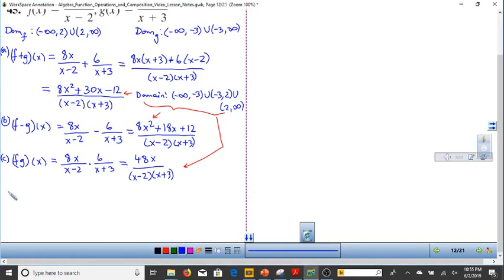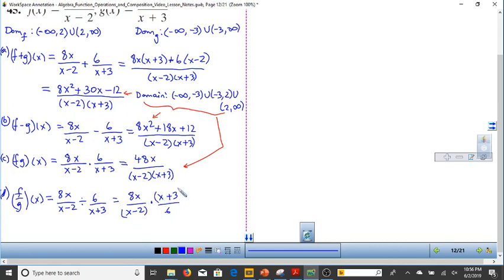Now for the division. F over g of x. That's just 8x over x minus 2 divided by 6 over x plus 3, which means I would do the reciprocal and multiply. So I'll have 8x over x minus 2 times x plus 3 over 6.